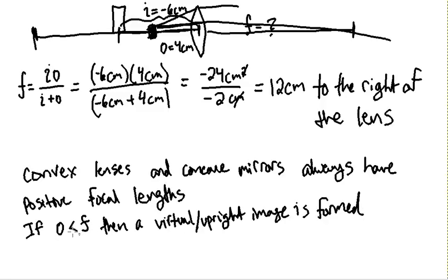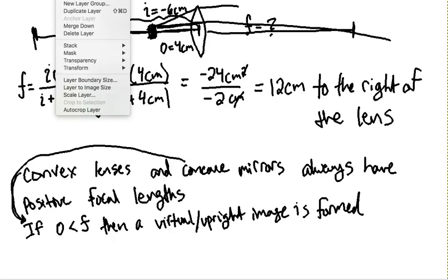So this is true only for these two things right here. For convex mirrors and concave lenses, they're always virtual upright. So this is the one scenario for these two where that's what you're going to get.